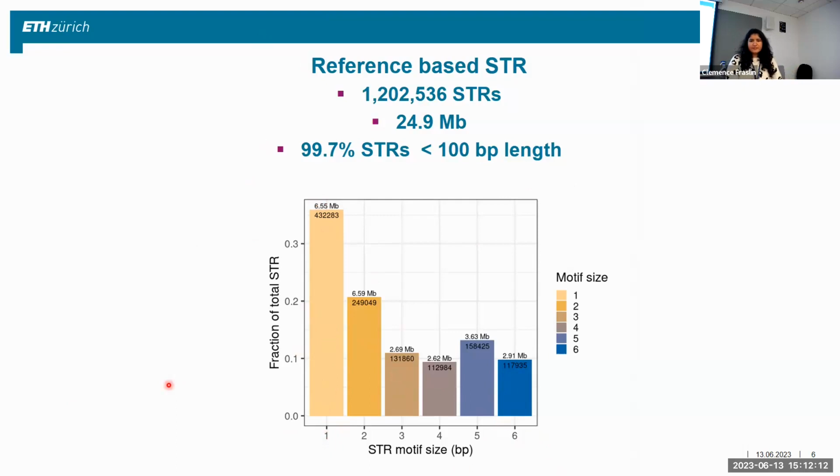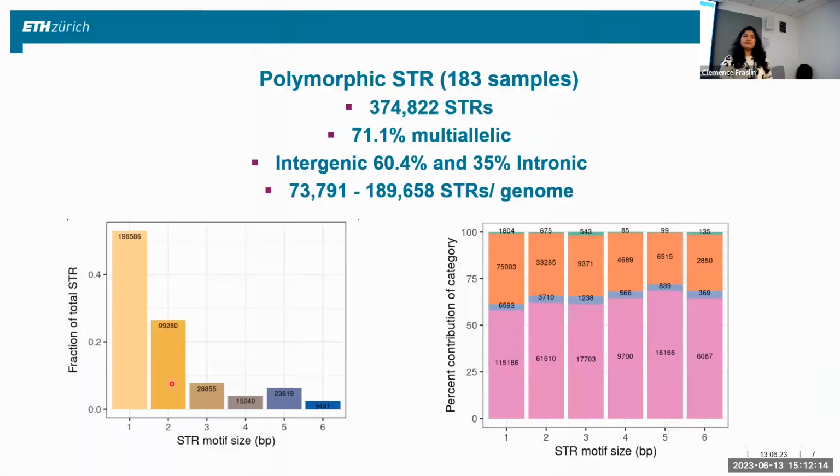And when we genotyped them in our 183 samples, out of 1.2 million, we finally filtered 374,000. You would ask why this number is so low. Out of 1.2 million, we identified 800K STR sites, but not all of them were segregating in the population, because HipSTR also identified those variations which are not segregating.